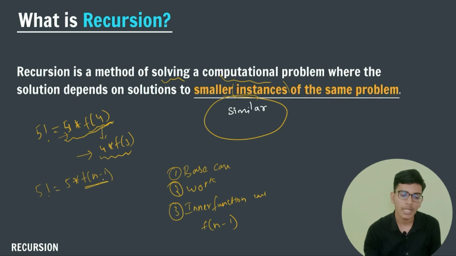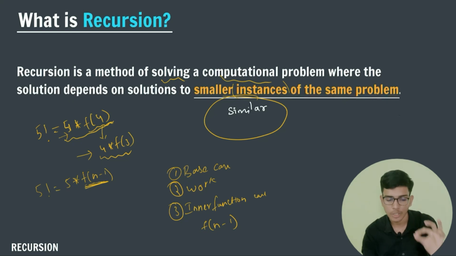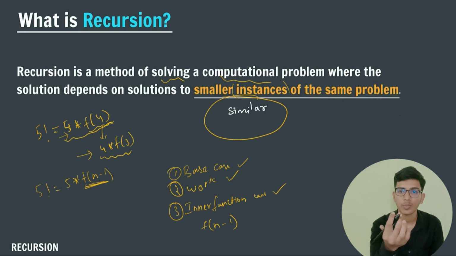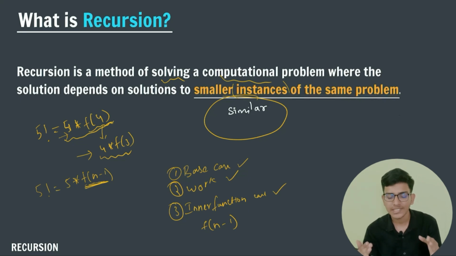That's why I am calling this inner function, and that's why I am using this recursive method. You should know these three things: what is my base case, what is the work I am going to do, and why I am calling my inner function like this. Why not the other way? By knowing these three things, you can go through many of these questions.